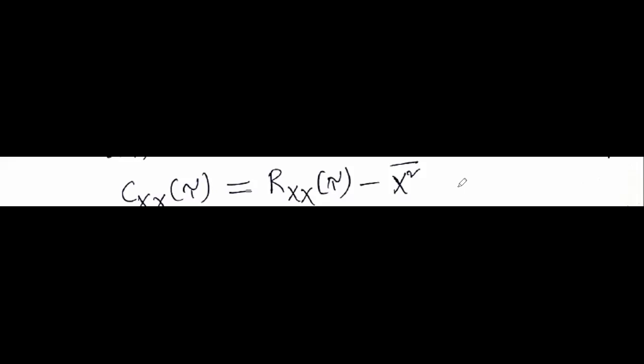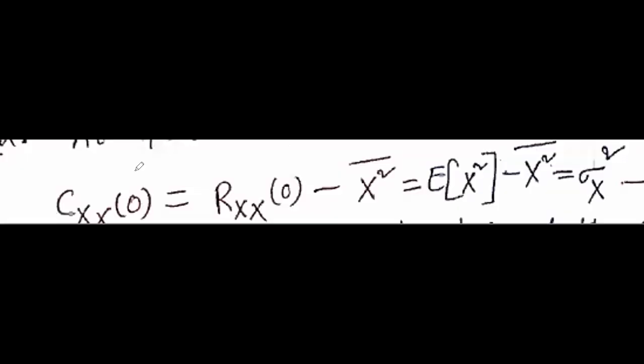For the second consideration, we make tau equal to 0. Now we will see what happens if you replace tau with 0. If you place tau equal to 0, then the autocovariance function becomes the variance of the random process.